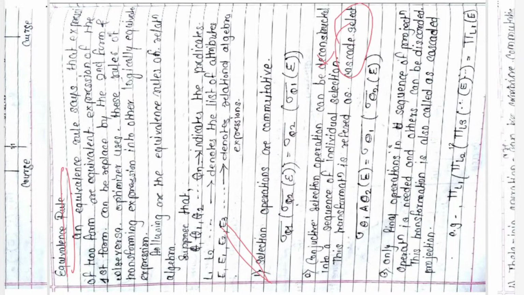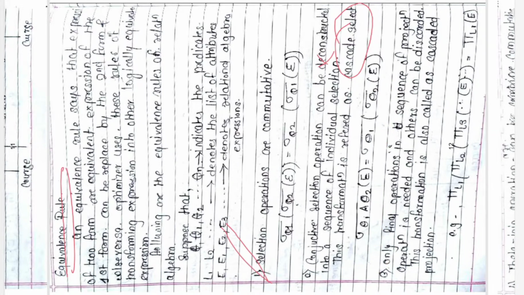So you can see I am selecting here select theta 1 comma theta 2 from expression E. So I can split it into select theta 1, select theta 2 of E. Just now I have given select name comma ID from instructor, so it will become select name in bracket select ID from expression. Okay, done.